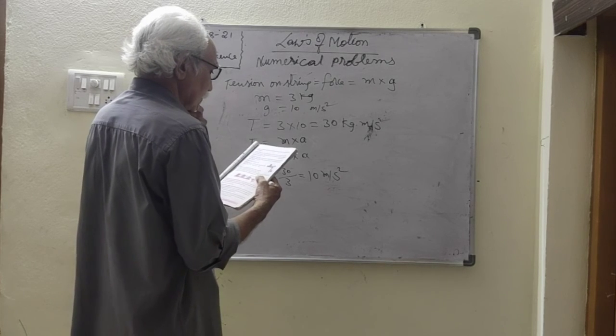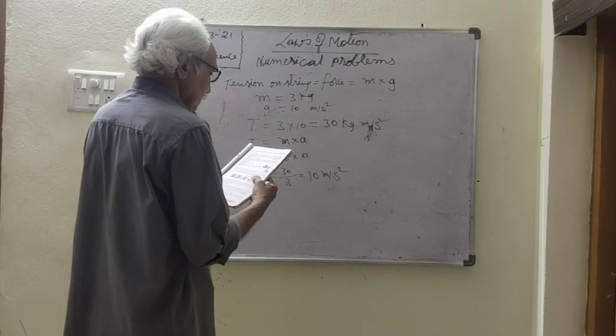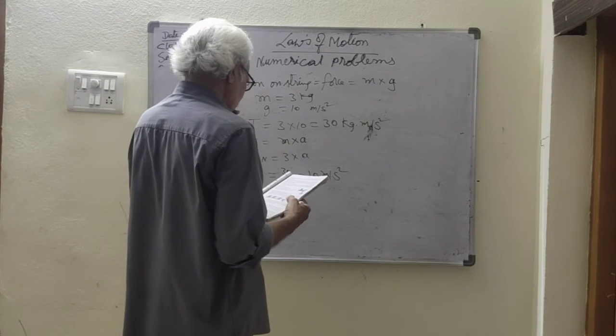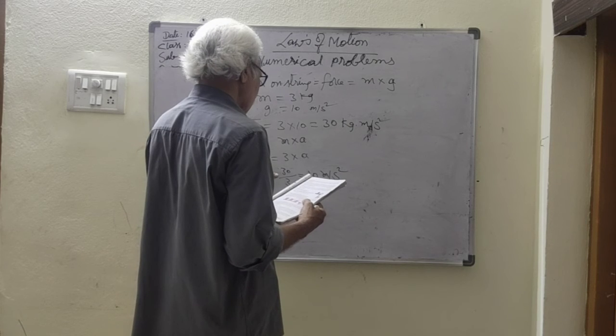Find the acceleration of blocks and tension in the string. Tension is 30 in the upward direction and downward direction.